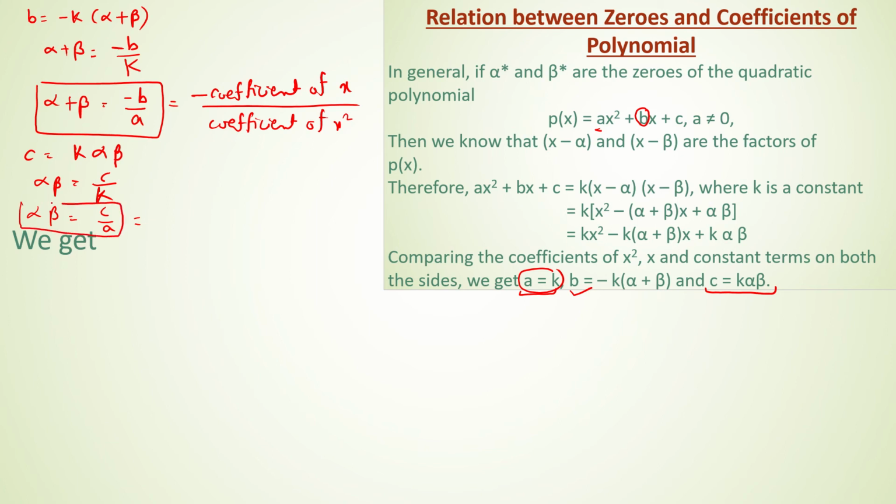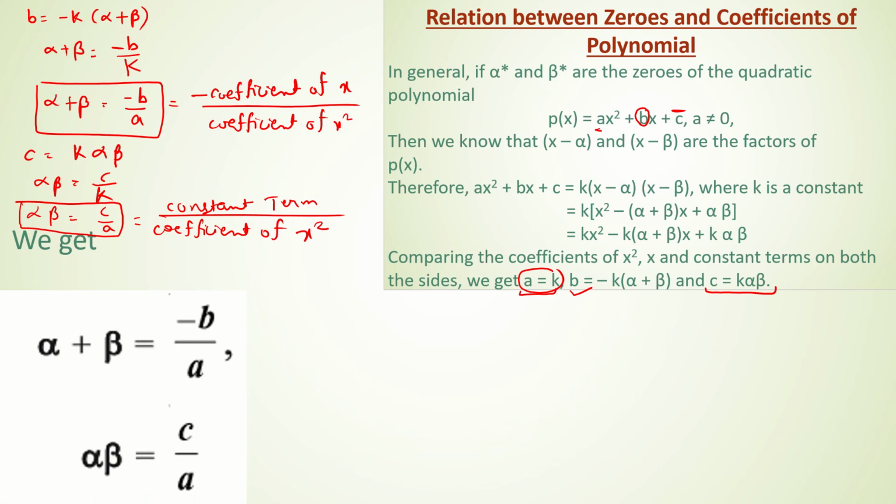So this is the next relationship, that is, here c is the constant term of the quadratic polynomial, so I have to write constant term upon coefficient of x square. So this is the basic relationship between coefficients of a polynomial and its zeros.